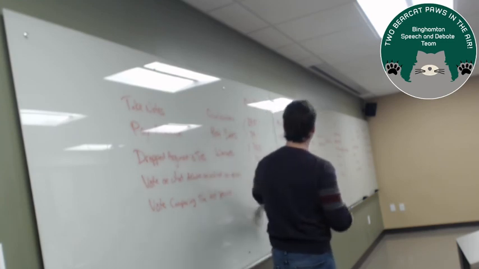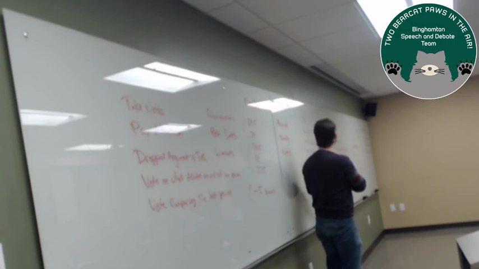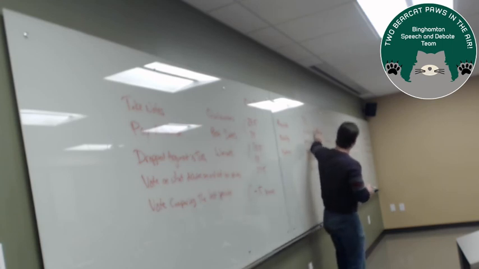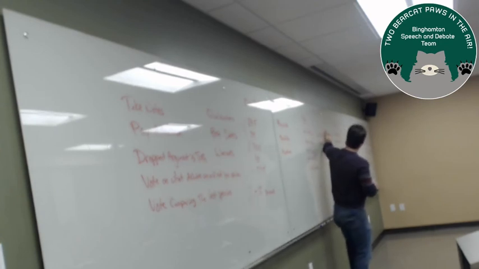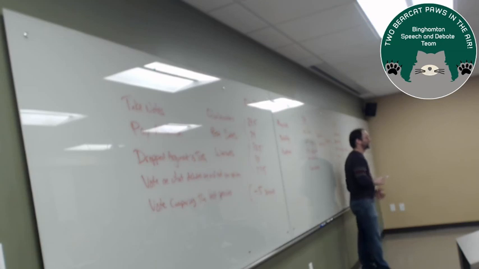What is the deduction for 30 seconds? Then randomly asked, like, give me 4 ways to answer a disadvantage, and you have to list 4 of these options. If you get more, you get more. And so those will be asked. What is a link turn and an impact turn, and how do they differ? What is a double turn? What is a permutation, and what 2 off-case arguments can you use them to answer?